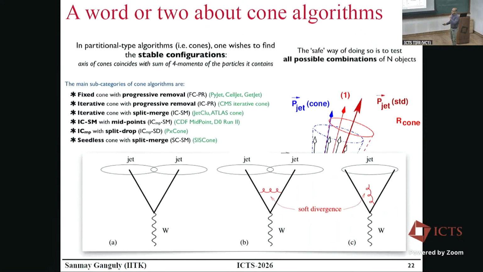It had one fundamental problem. When people started thinking about electroweak particles decaying into two hard partons, ideally you want a two-jet final state. What the cone algorithm did was that if there is a virtual exchange of a gluon between these two hard scattered partons, it tended to call it two jets.